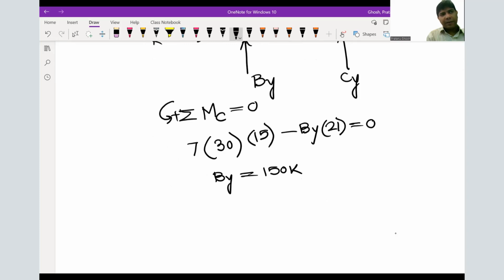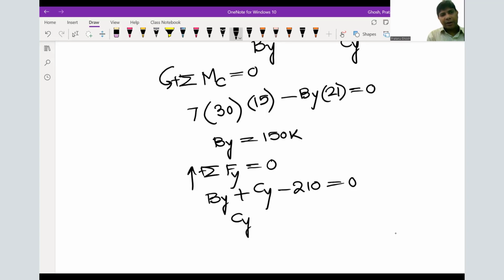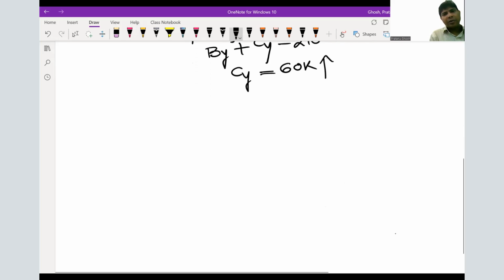Once you get your By, then we'll get our other reactions. Your summation of Fy is 0. By plus Cy minus 210 is equal to 0. From there we are getting our Cy is 60 kips. So By 150 kip upward, Cy 60 kip upward. Then we are going to do our internal shear and moment equation.